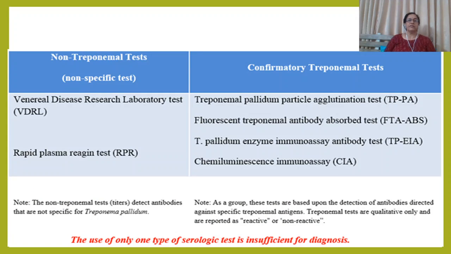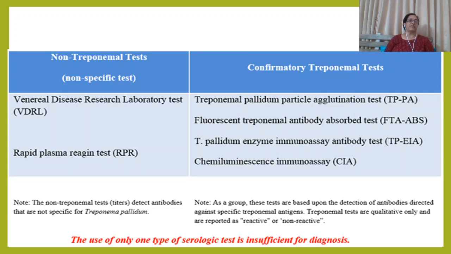So here you can see one chart showing two major types of tests, non-treponemal tests and the confirmatory treponemal tests. Non-treponemal tests are non-specific tests because, as this organism is not cultivable, different types of antigens which are not of treponema origin are used for the testing. So they are called non-specific tests.